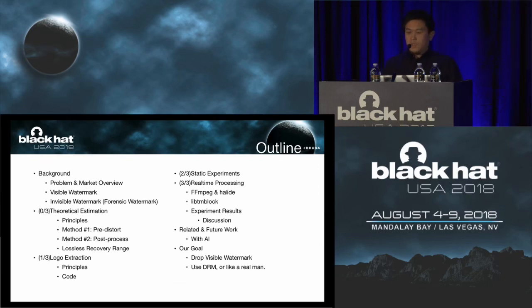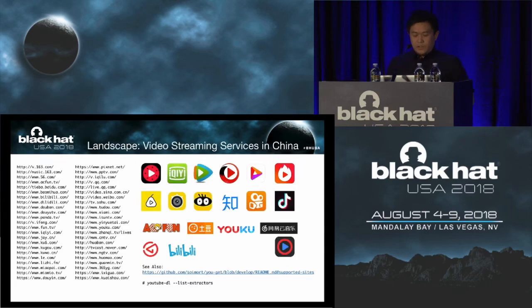Then we will do a demo about how to do high precise logo extraction. After that, we will give a static experiment just to prove our concept. Then we will integrate our code with a high real-time FFmpeg filter. Then some future work and related work will be discussed.